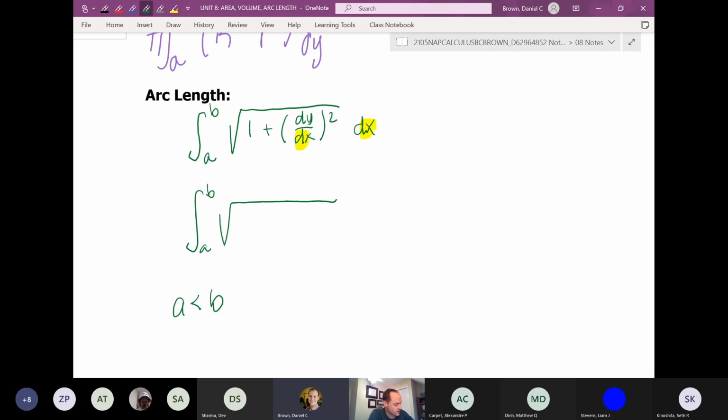If you're doing it in terms of dy, you're finding the derivative of x with respect to y, squared inside of the formula. When I say dy/dx, that's the same thing as y prime. When I say dx/dy, that's when you solve the equation for x and then plug in x prime.